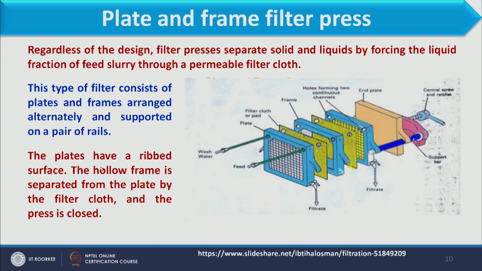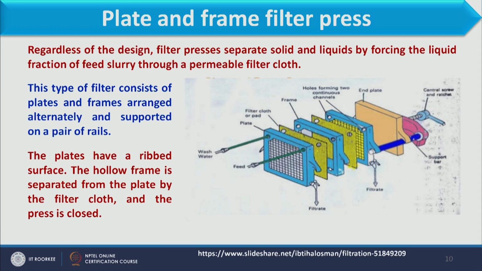Plates have a ribbed surface that we have already discussed. The hollow frame is separated from the plate by filter cloth and the press is closed. So this is the complete assembly, and how the filtration is carried out, that we have discussed. Once feed enters, it comes through the filter media.